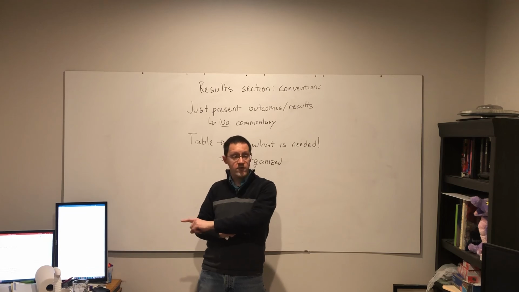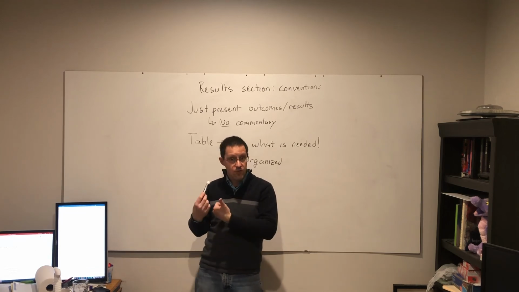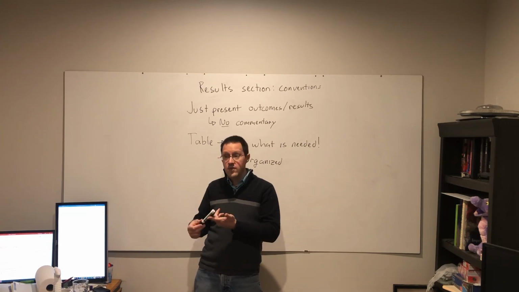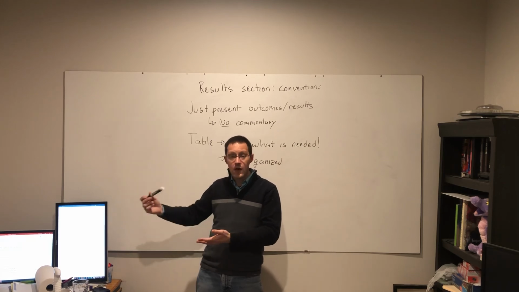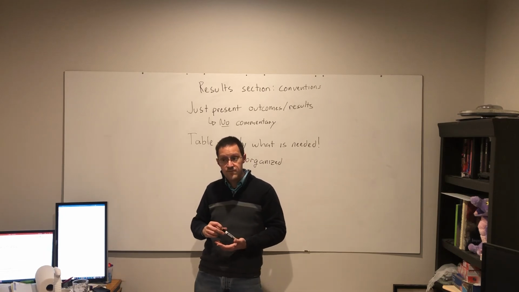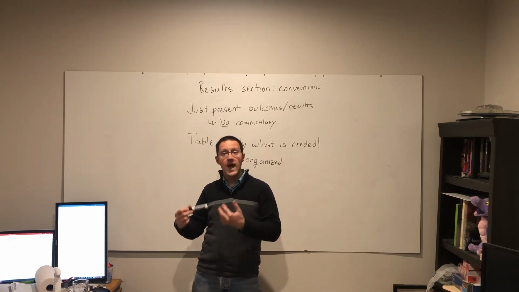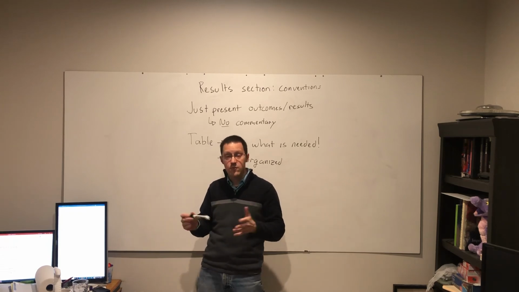We'll see more about discussion sections later. That's where we look at the results. That's where we interpret them and say, okay, based upon this really low p-value, I conclude that mask mandates are useful at reducing the COVID infection rate. That comes after all the results are presented, not intermixed.